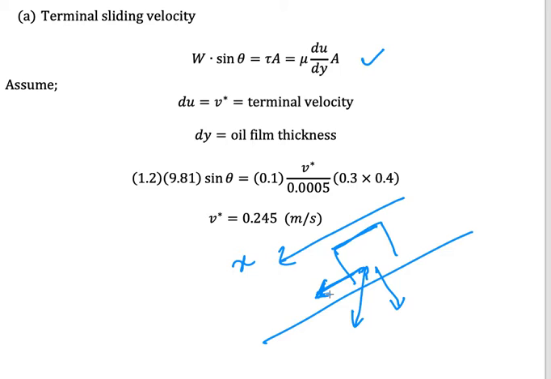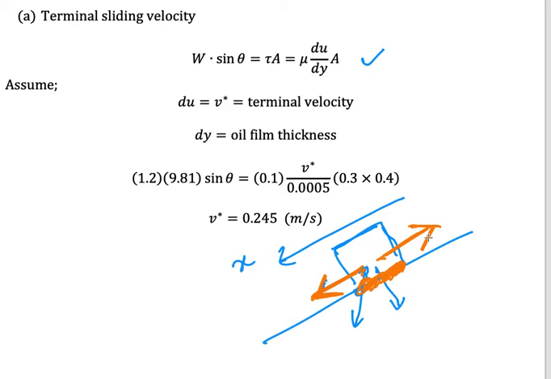And then, if we have oil between the box and the incline, the oil will create resistance. So the force here must at least be equal to the resistance that acts in the other direction.